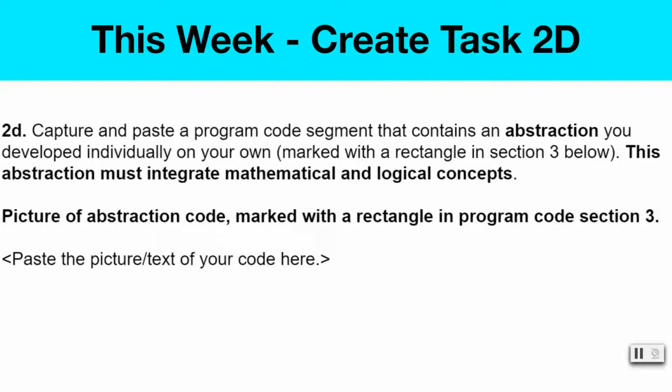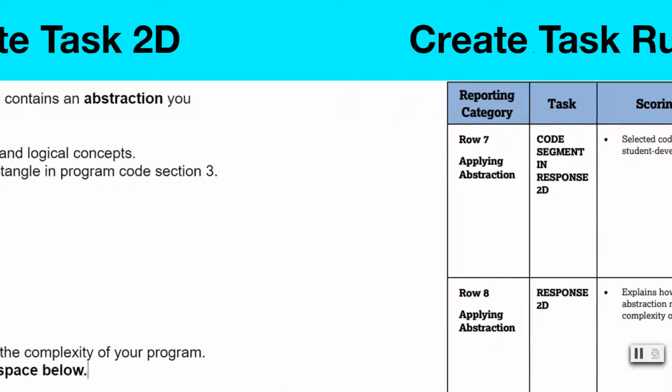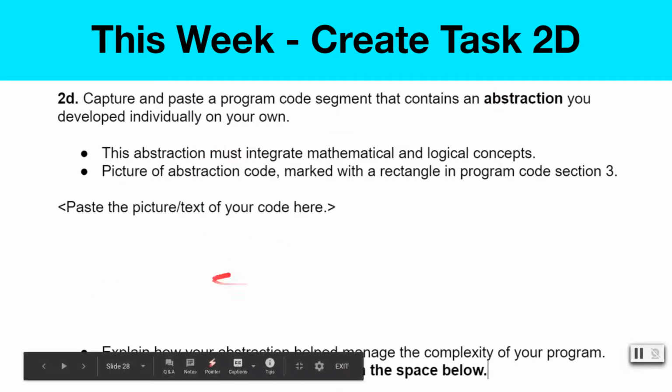2D. We saw this yesterday. We got to talk about our abstraction of a code or a piece of our code, and here is the rubric. This is the assignment that I'm going to be giving you all today, which is essentially the same thing, but I tried to use decomposition to break down the big points that you need to get to. So what you're going to do, you're going to copy and paste some code right up in here.